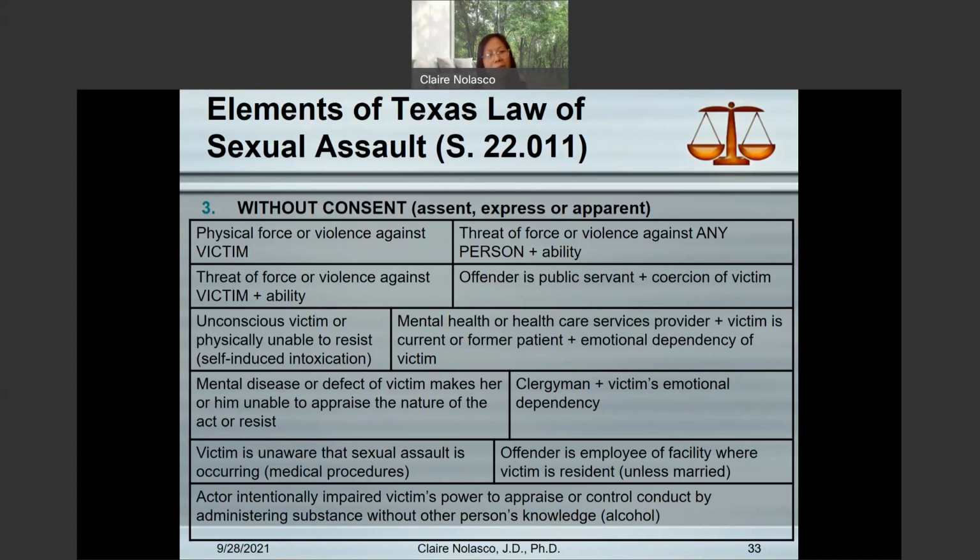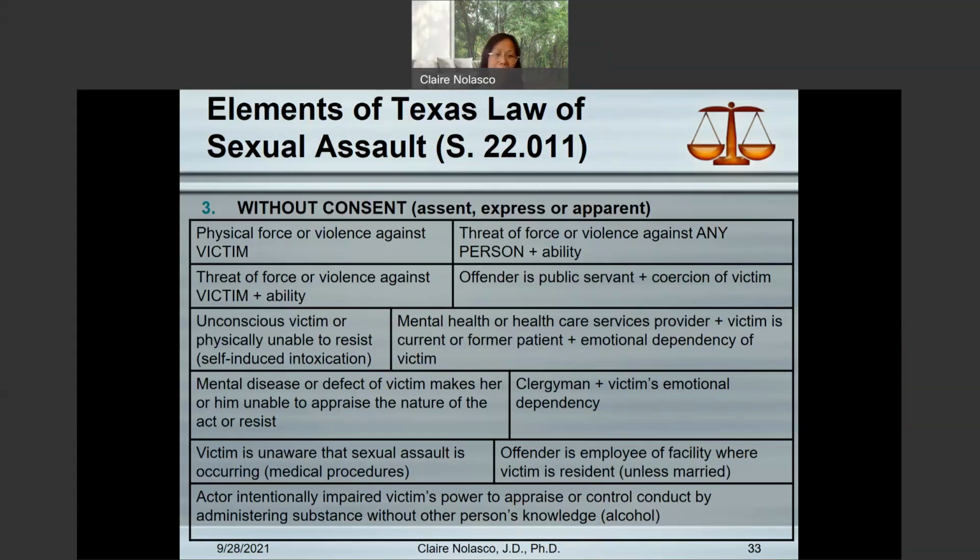Fourth, mental disease or defect of the victim makes her or him unable to appraise the nature of the act or resist, so the victim doesn't really know that there's sexual intercourse. Fifth, the victim is unaware that sexual assault is occurring. For example, the victim is under anesthesia because of a medical procedure or surgery.